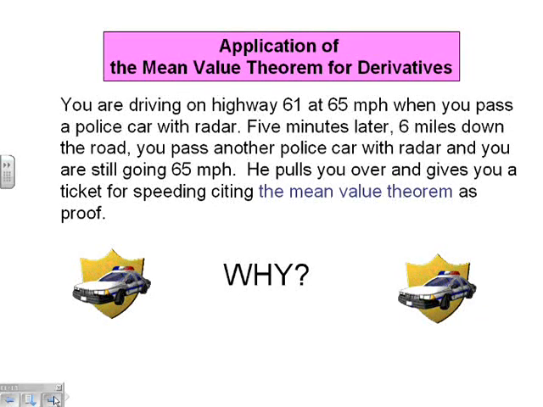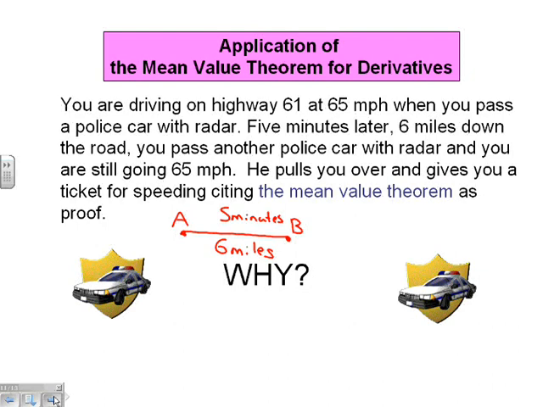We kind of follow what's going on. At some point, let's call this point A, I see the first cop. I keep driving, and then over here, point B, I see the other cop. The distance from A to B is how many miles? 6 miles. And how much time passed? Okay, so 6 miles in 5 minutes.